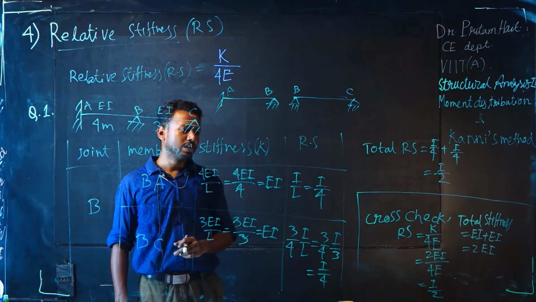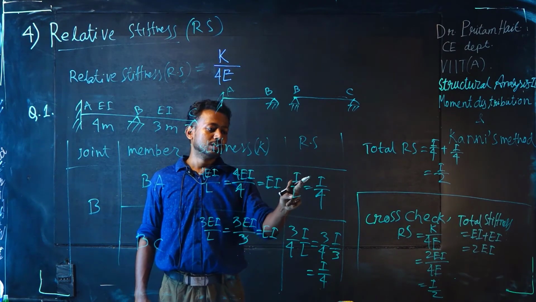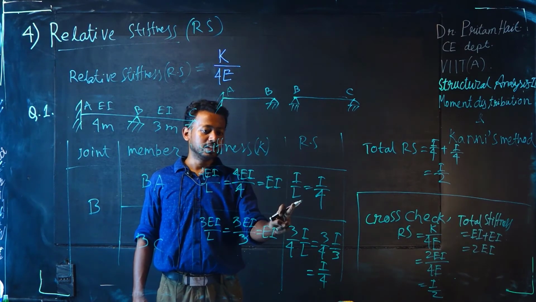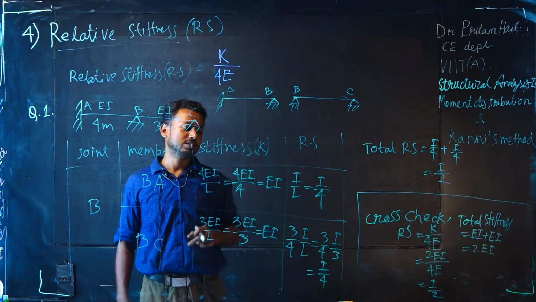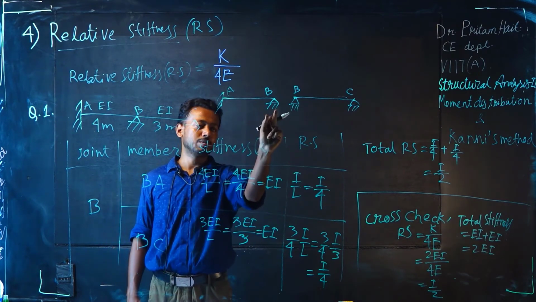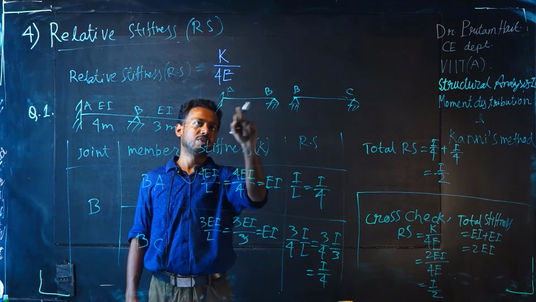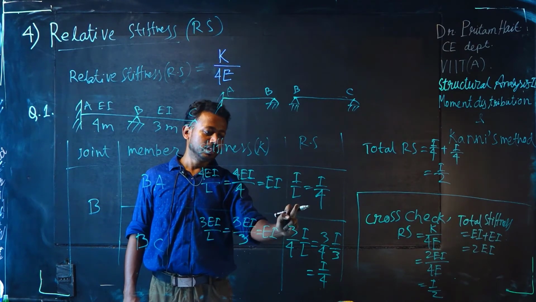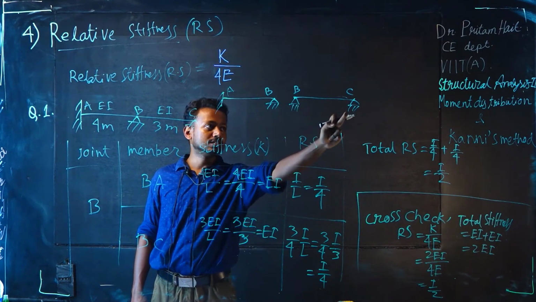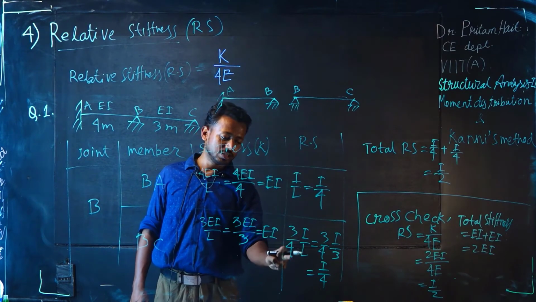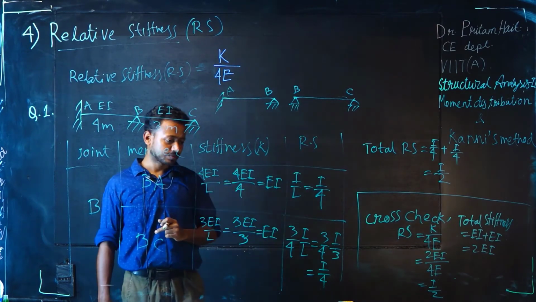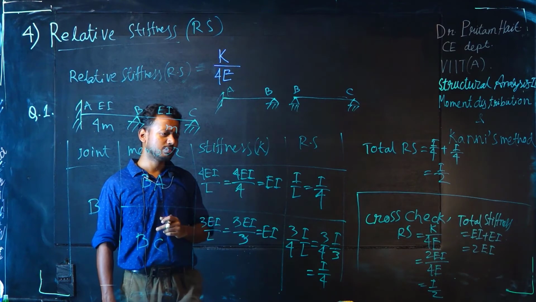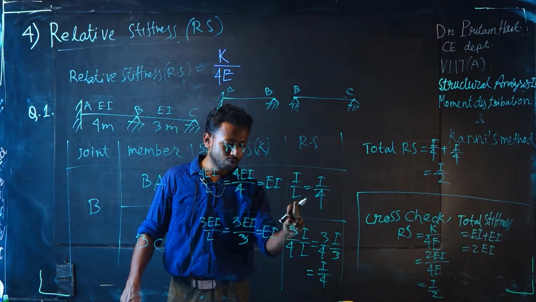Now relative stiffness equals I by L in case the far end is fixed. I am considering this joint. If the far end is fixed, the relative stiffness will be I by L. And if the far end is hinged, the relative stiffness will be 3 by 4 I by L. Why is it happening?